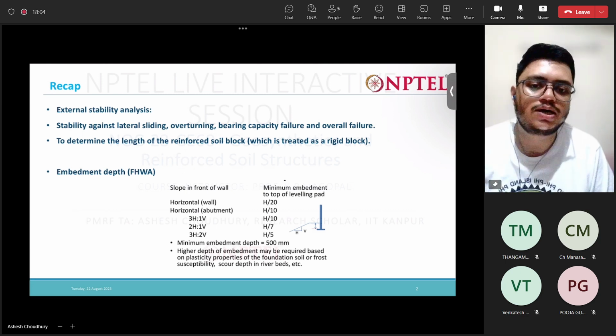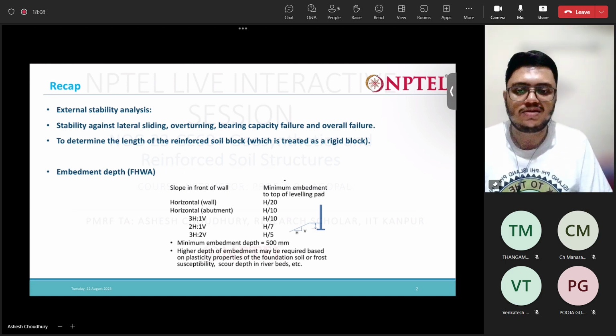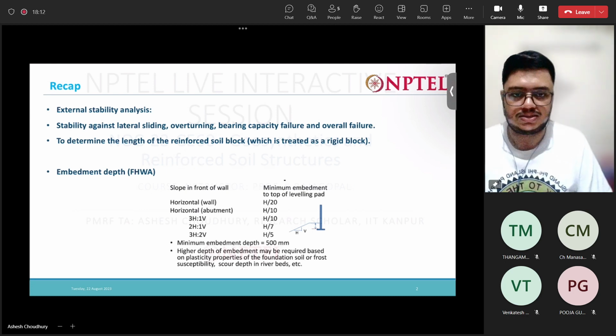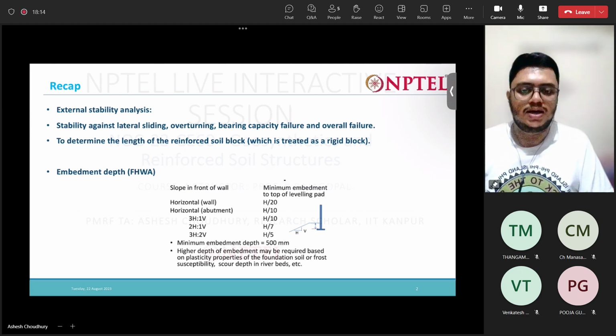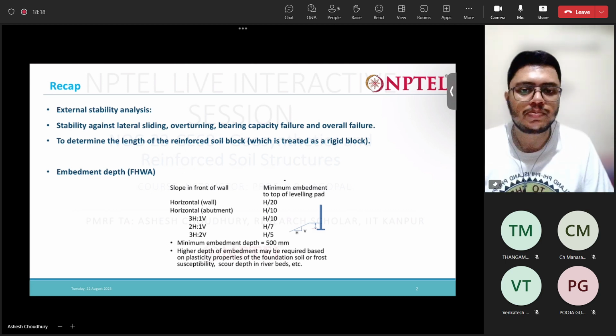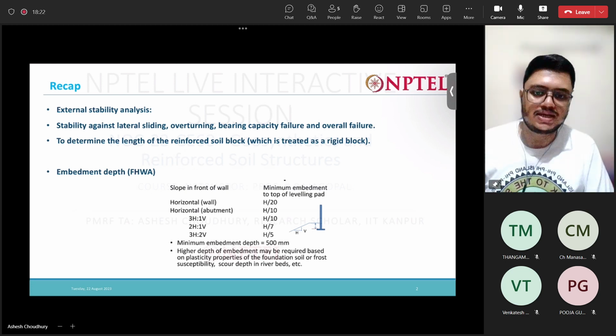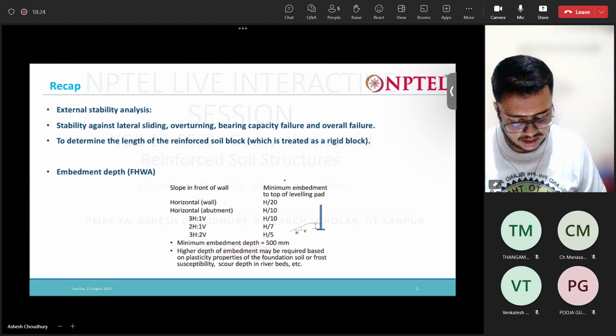And the fourth is the overall failure, or the slip circle failure, which generally tends to get neglected. But it is very important that we check the overall failure of the structure. Say you are constructing this RE wall over some slope.